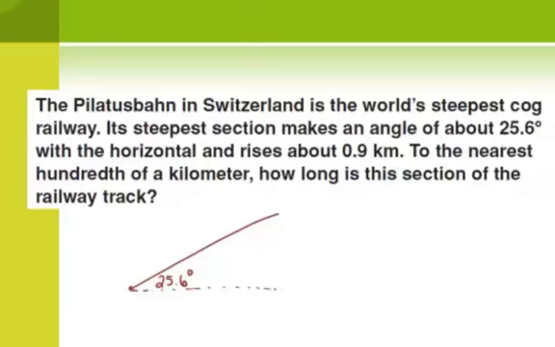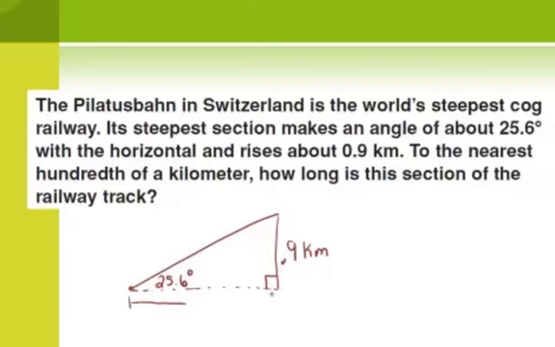And it rises about 0.9 kilometers. Okay? So the rise is 0.9 kilometers. That's how far it goes up in a vertical distance. So it's saying to the nearest hundredth of a kilometer, can we find how long this section of track is?